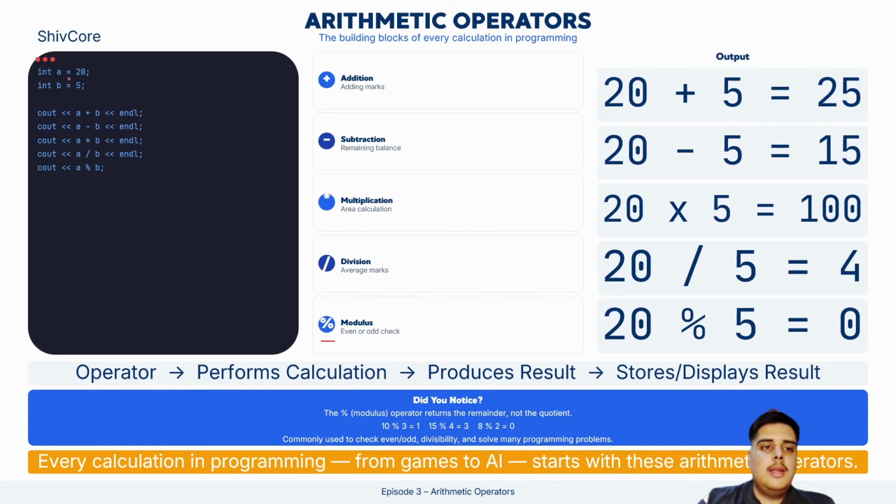Let's say we have taken a variable int a as 20, int b as 5, and we have asked the compiler to add both the variables a and b and print. So this will output 25.